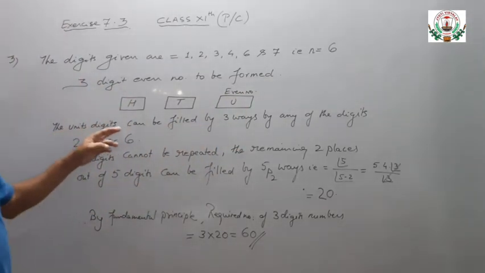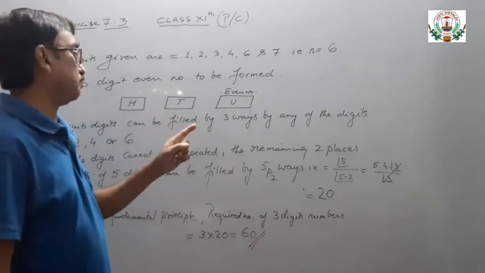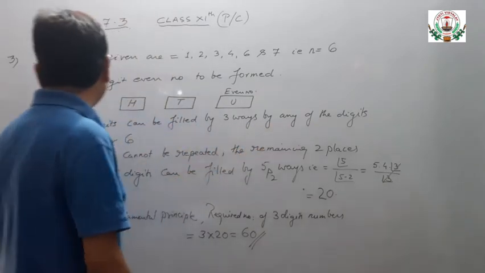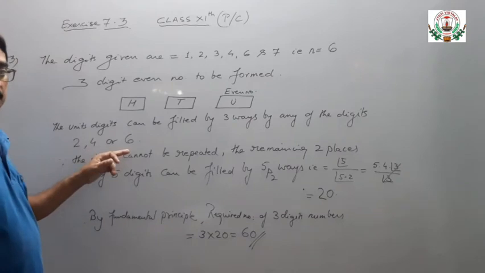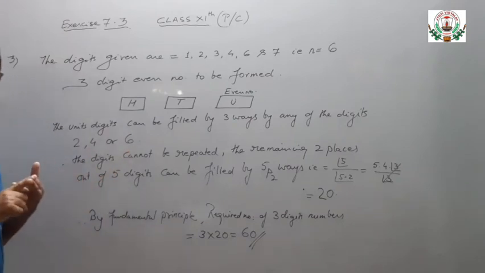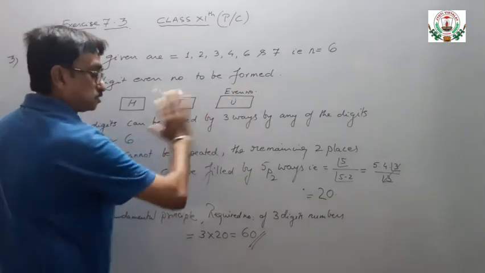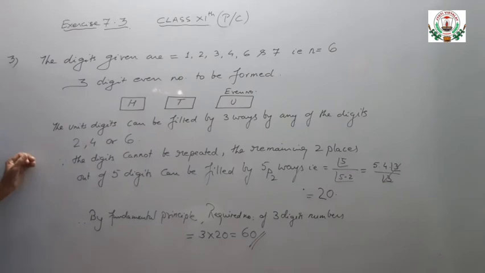So the unit digit can be filled in 3 ways by any of the digits 2, 4 or 6, because we have to make an even number. Now this place is occupied by either 2 or 4 or 6. Only one of these three numbers will come.